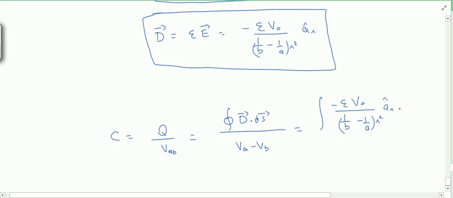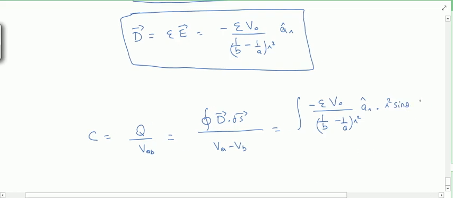Now what will be the differential surface vector? As this is a_R cap, the differential surface vector should also be in the a_R cap direction, and for that the differential surface vector is R square sine theta d theta d phi a_R cap. Okay, so it will be the value of D dot ds, right?